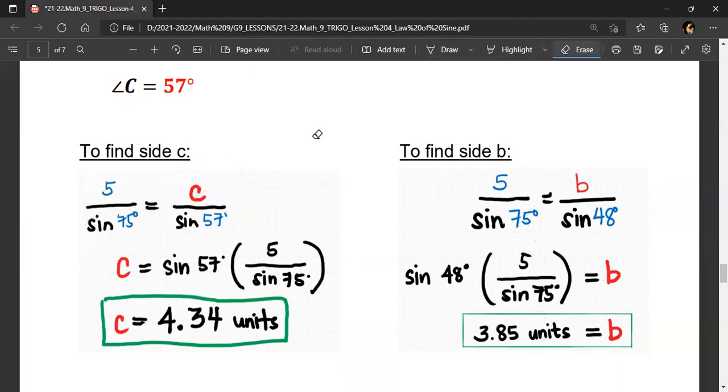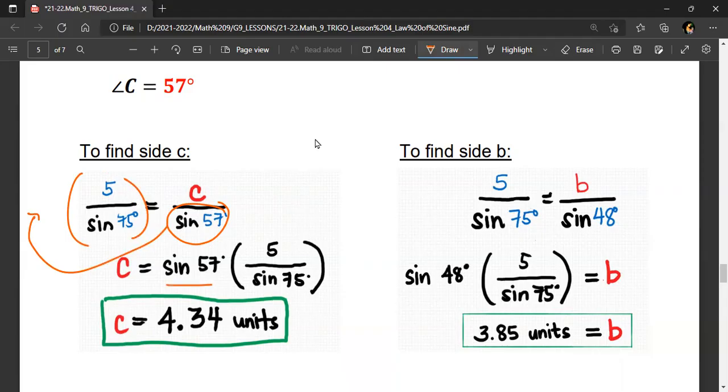Now cross multiplying this one will give us a result of sine 57, because the sine 57 will be multiplied with number 5, or as I said a while ago, it can be multiplied for the whole fraction. So the sine 57 can also be multiplied here.